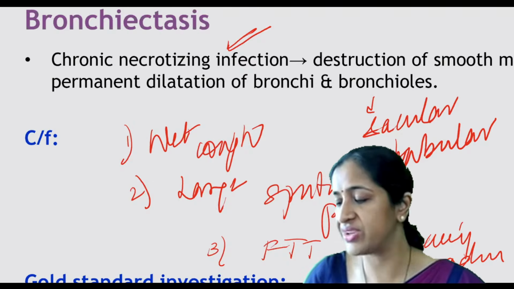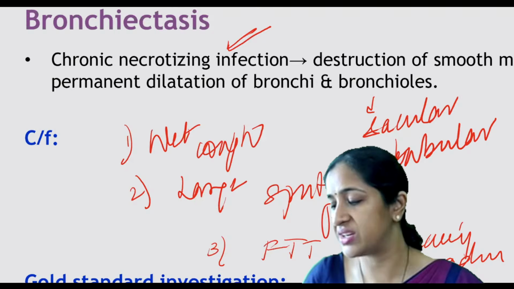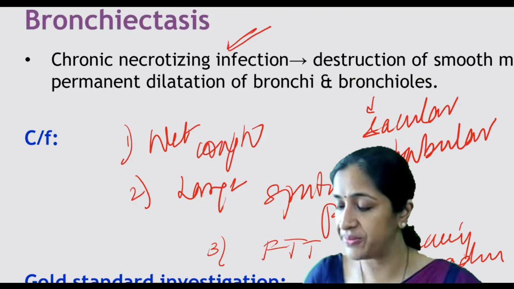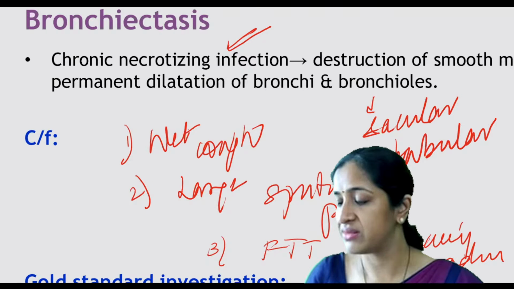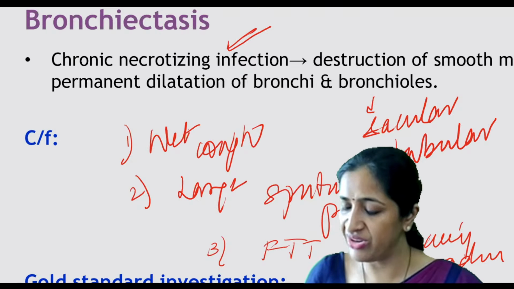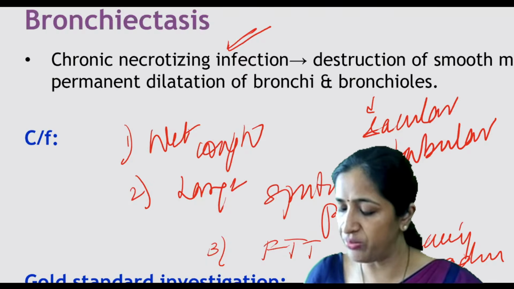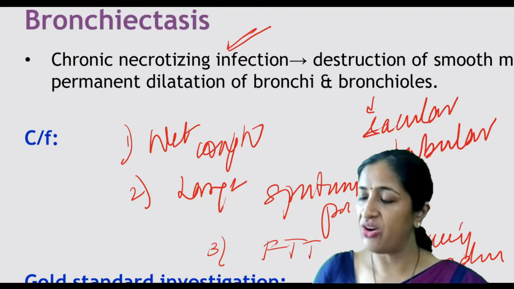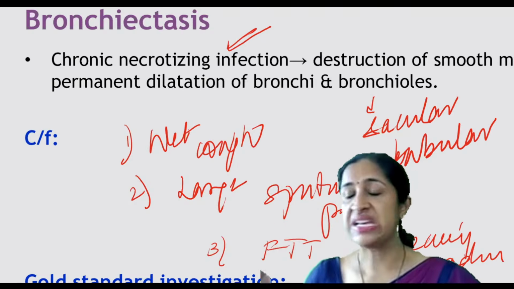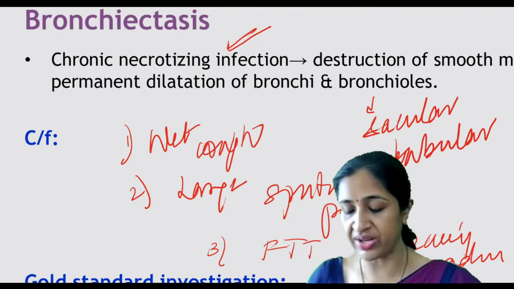The gold standard investigation is what is seen here, the CT of the lung, where you can see the typical dilated bronchi. You see the glove and sock appearance, the inverted glove appearance, and honeycombing. All of these are seen with the dilated features on CT scan and X-ray in bronchiectasis.